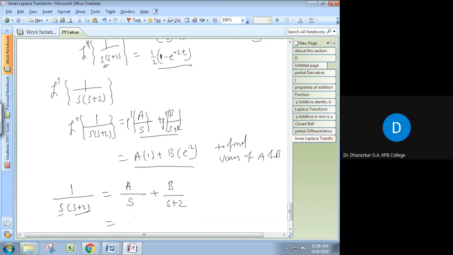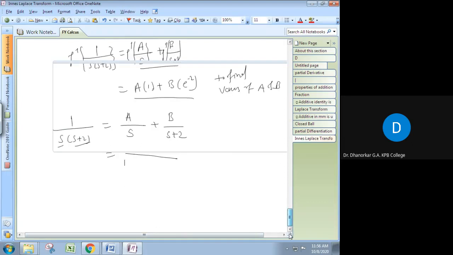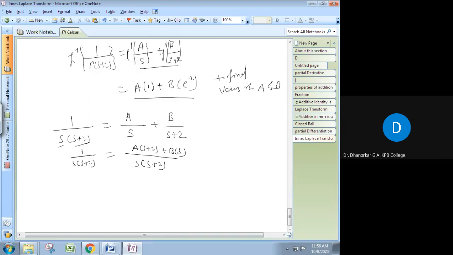Now I will take the LCM, or cross multiplication, and we get s into s plus 2 in the denominator, and A into s plus 2 plus B into s in the numerator. Now our function is 1 divided by s into s plus 2. The denominator is the same, therefore 1 is equal to A into s plus 2 plus B into s.